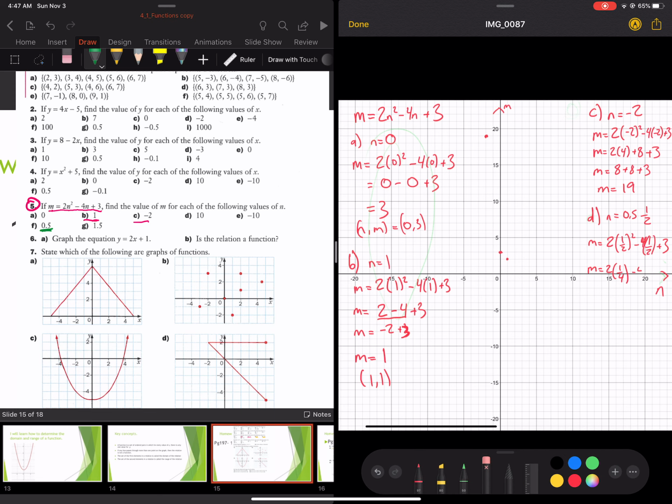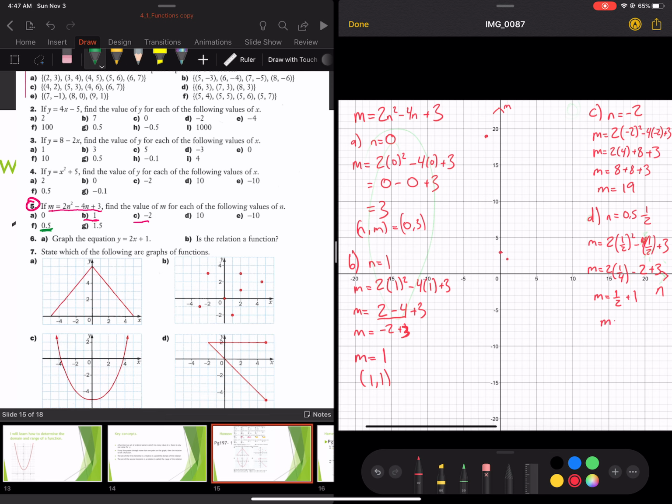Actually, let's just solve that. If we cross that out, that becomes 1, that becomes 2. So we get minus 2 plus 3, and that becomes a half plus 1.